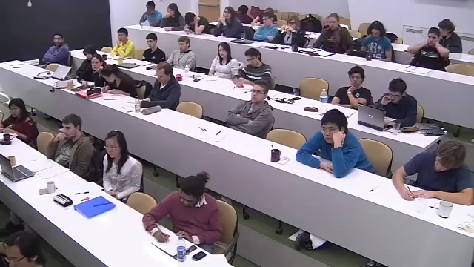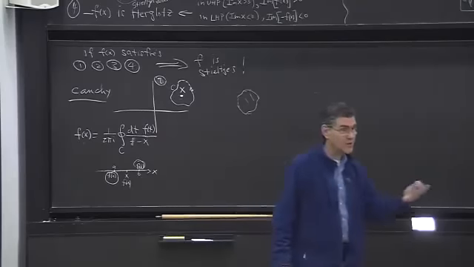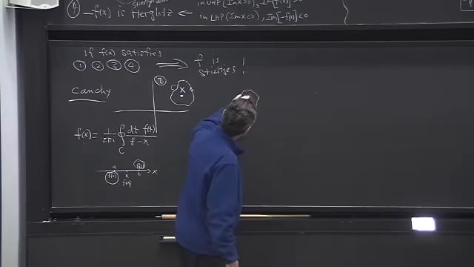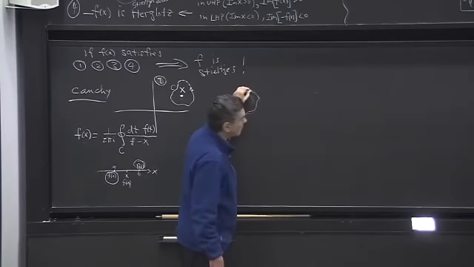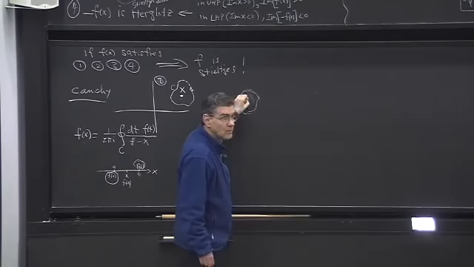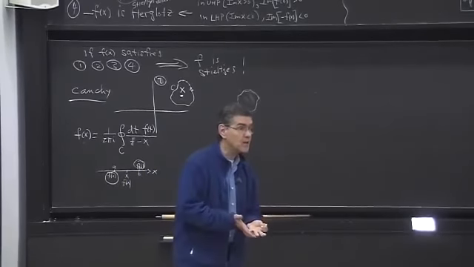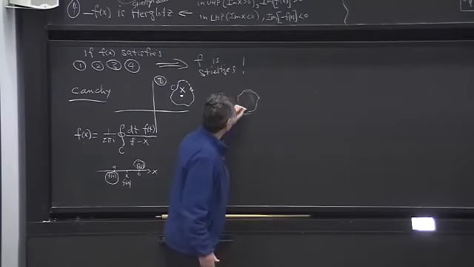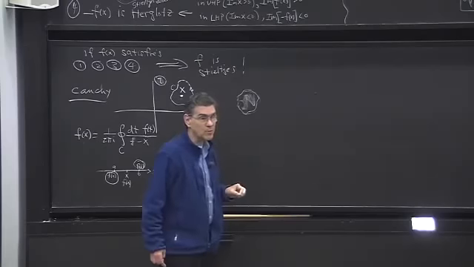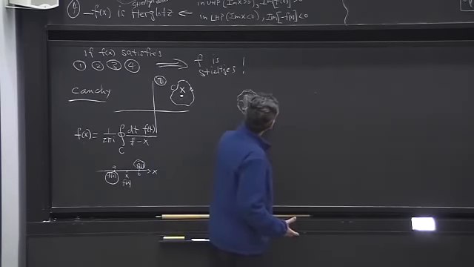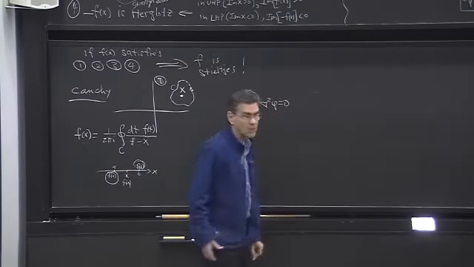People also call this holography. In fancy string theory language, this is holography. But basically, if you know what's going on the outside, you know everything about the inside. So the boundary values here determine what's going on inside the problem. And this is a feature of the equation del squared phi equals 0.